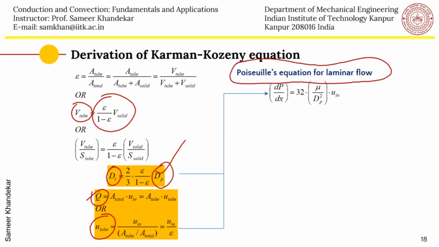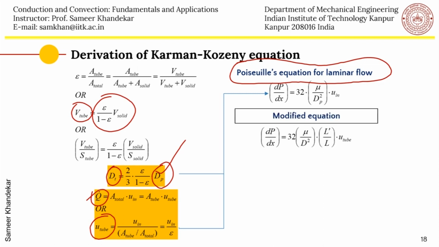So if this is the porous media, then this is L, and the actual average length which the particle travels through inside the porous media is L dash.